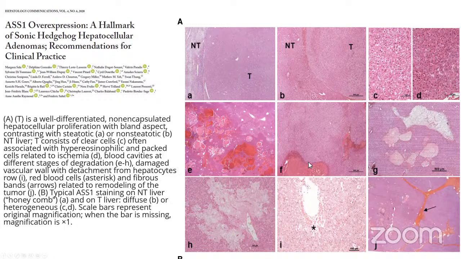So you'll see these blood-filled cavities and hemorrhage, and here again you have hemorrhage surrounding this vessel, and sometimes when the hemorrhage is long-standing, you can have fibrous band development.